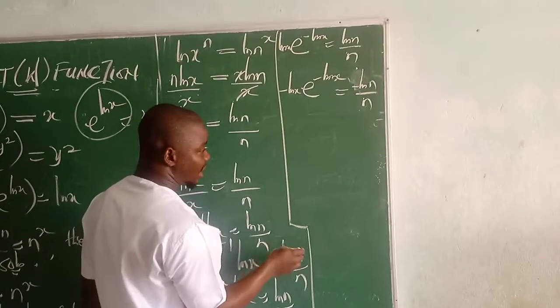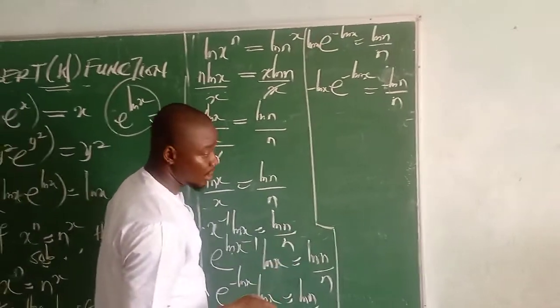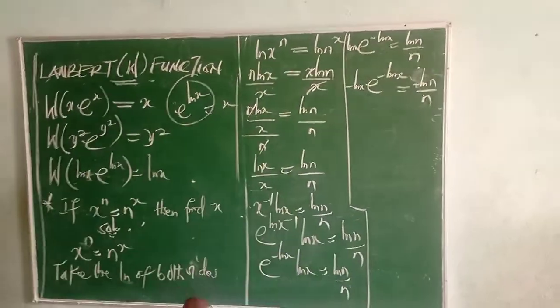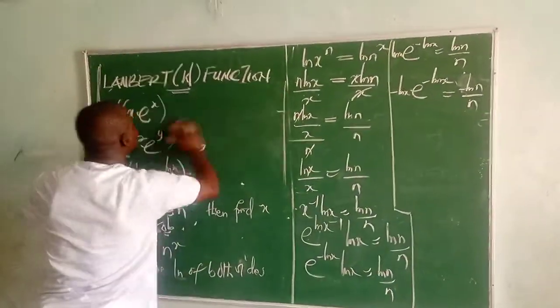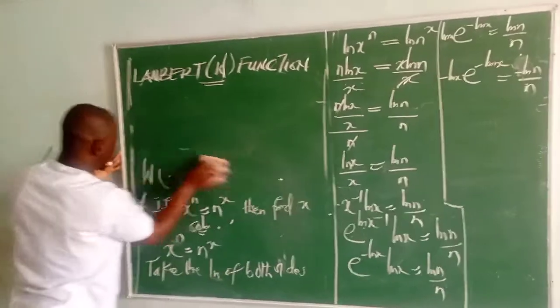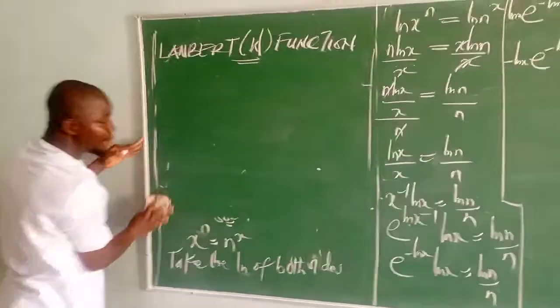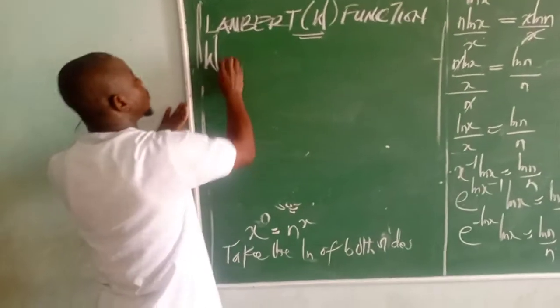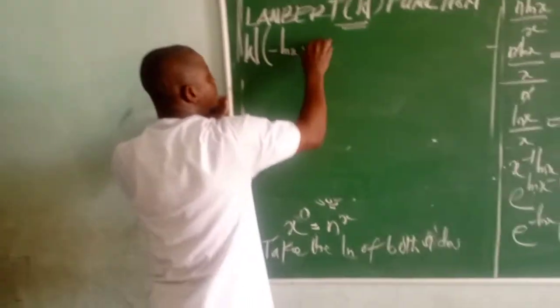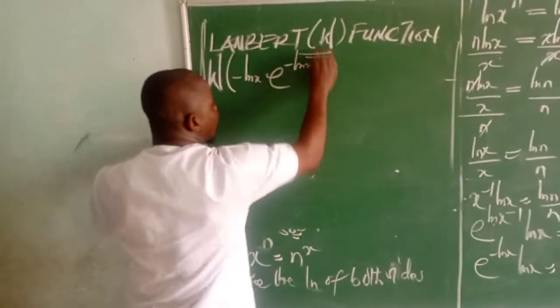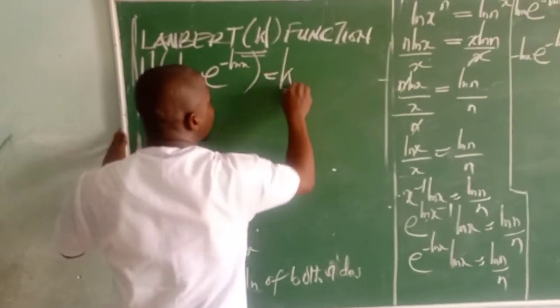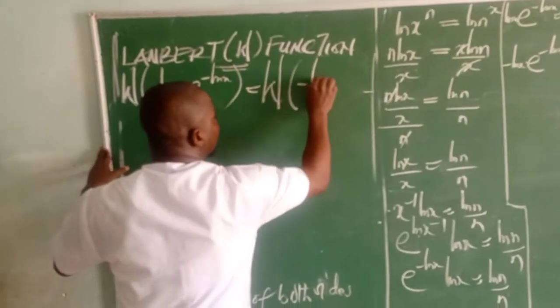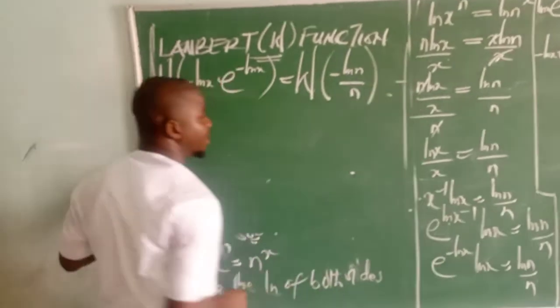And then from here, you can now take the Lambert W function. Taking the Lambert W function of both sides, you have the product log function of minus ln x exponential minus ln x equal to the product log function of negative ln n all over n.